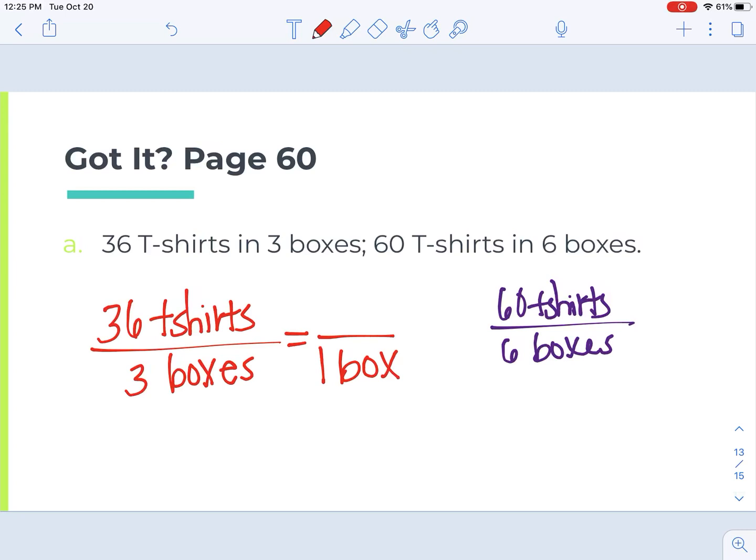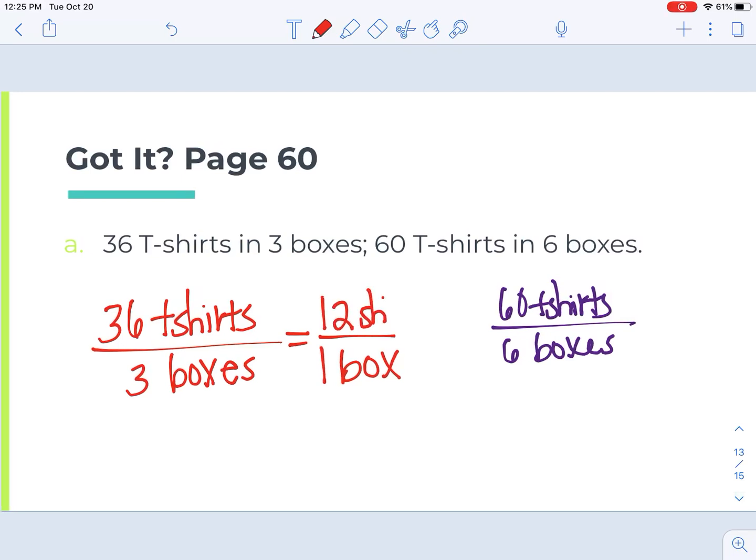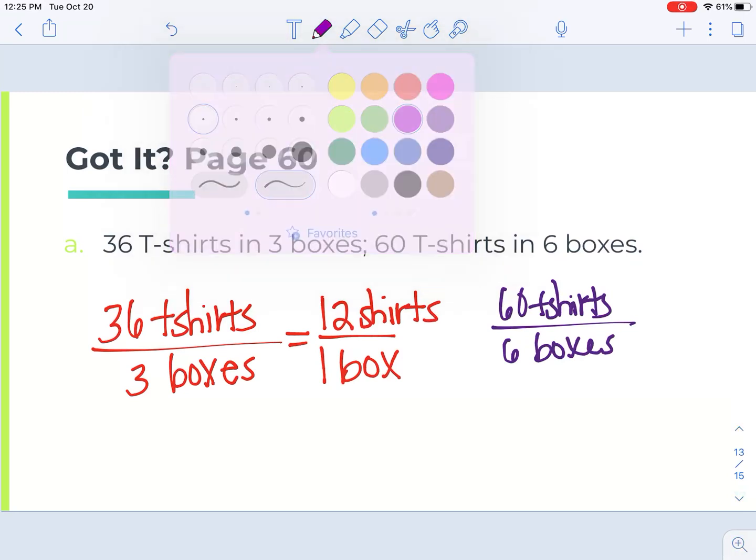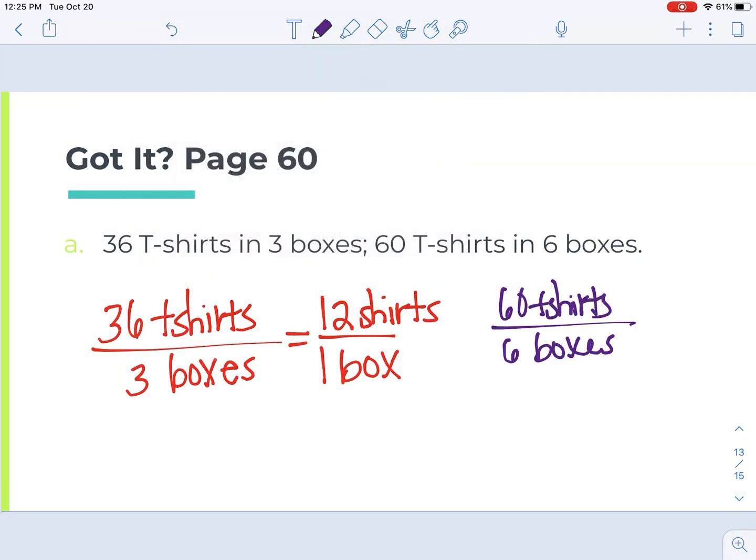Well, if we do 36 t-shirts split up into 3 boxes, that's going to be 12 shirts in a box. Over here, we've got 60 t-shirts split into 6 boxes. So that's 10 shirts in a box. Do they have the same amount in each box? No. So they're not equivalent. These are not the same.